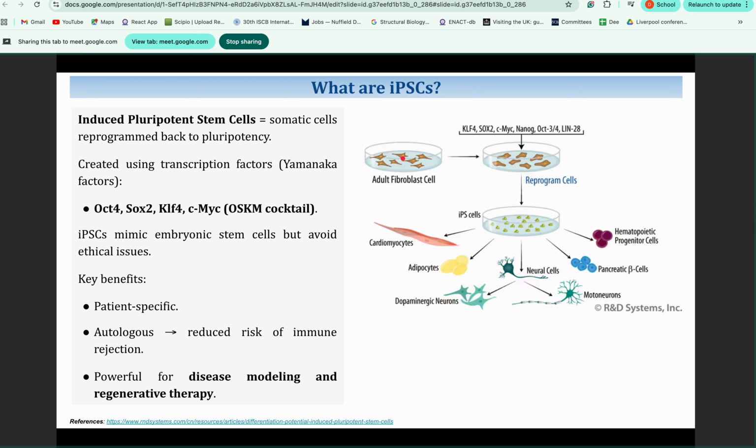They are created using transcription factors, the Yamanaka factors, and these factors are OCT4, SOX2, KLF4 and CMYC, which form the OSKM cocktail.